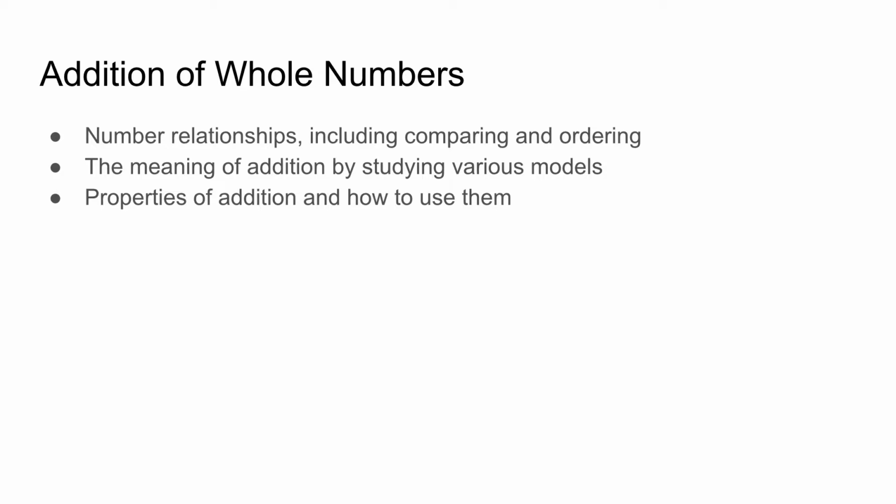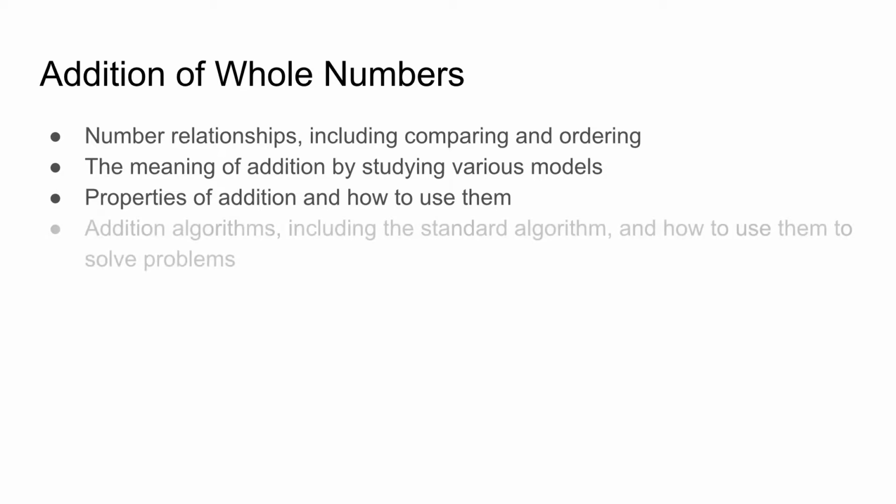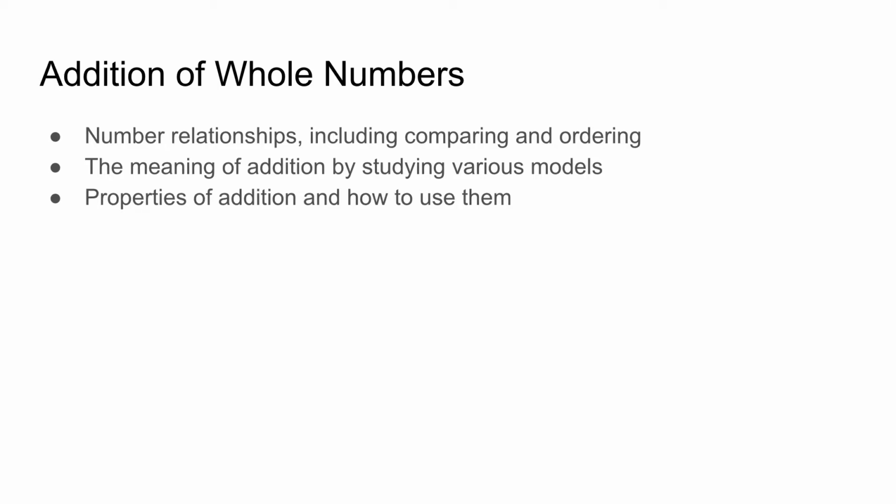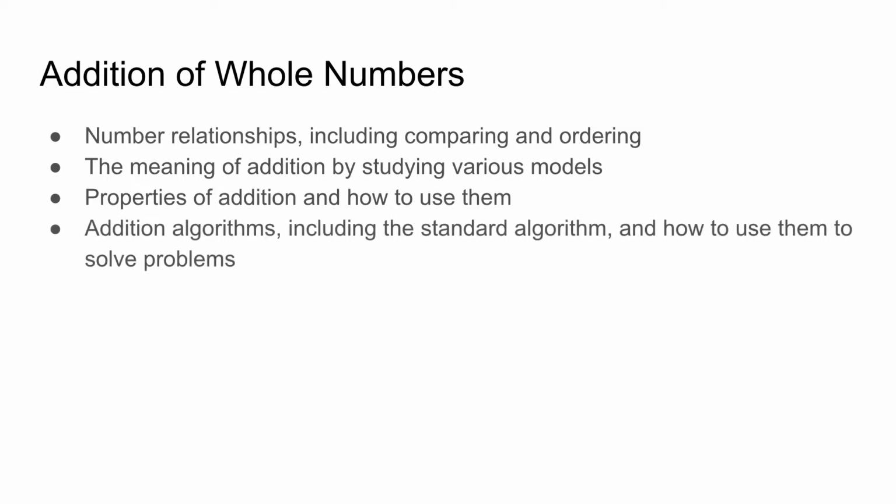Properties of addition and how to use them. For example, identity property, inverse property, commutative property, associative property. You have heard a lot about those, right? So you need to understand what each of those properties are and how you can use them. And there are algorithms.